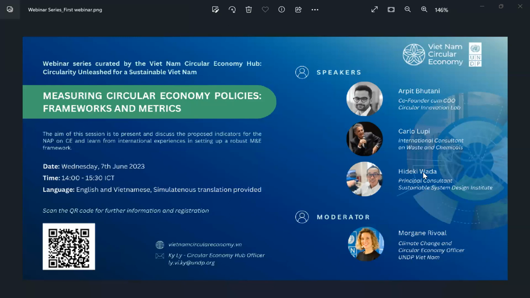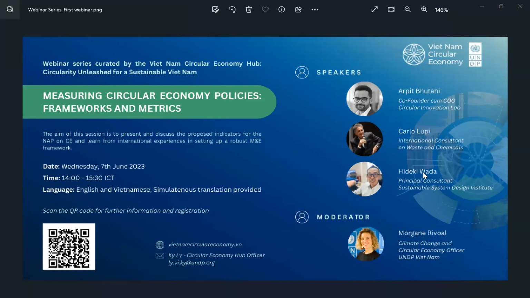So the only closest example I can think of, and it cannot be replicated fully, is Colombia in South America, which has similar levels of development and has actually solved the problem of data issues during their metrics and indicators assessments.